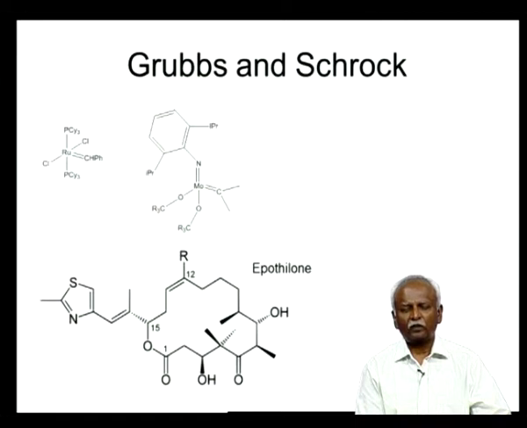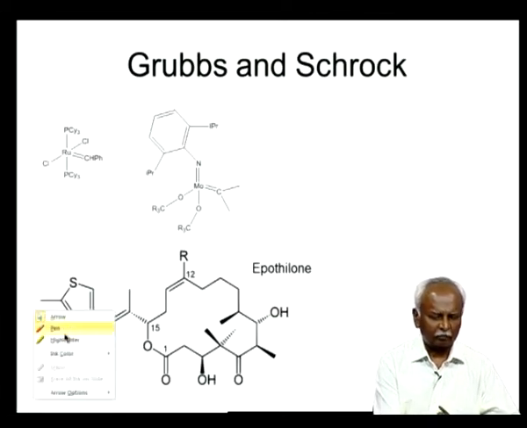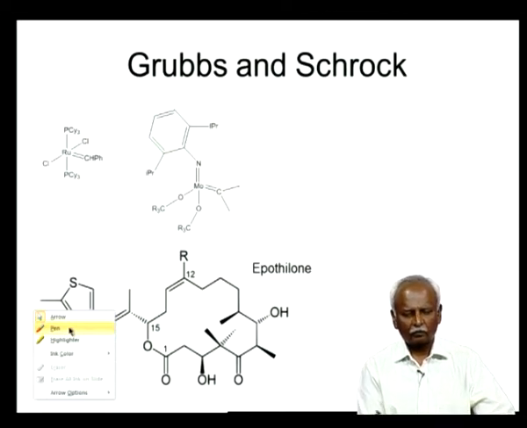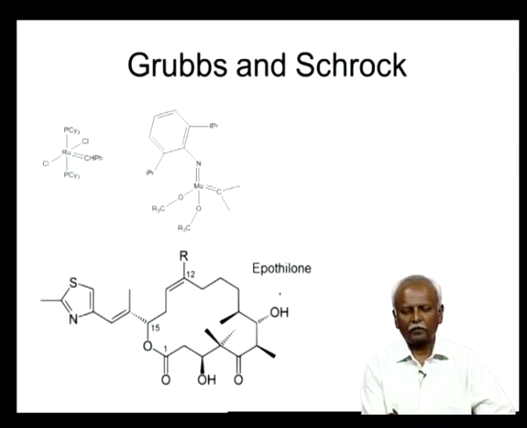So, the main players in this whole game were two professors, Robert Grubbs and Richard Schrock, and they contributed immensely to the development of this field. As a result, complex molecules like epothilone, which is basically a drug molecule, could be synthesized in a remarkably efficient synthesis using this metathesis catalyst.